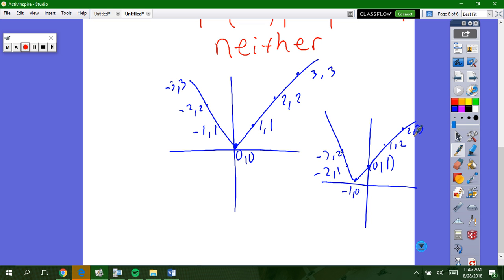Okay? Something that you guys want to know is, what kind of symmetry does this have? It is even symmetry, that's very true, but we don't call it even symmetry. We call it symmetric about the y-axis. If it is an even function, you will be symmetric about the y-axis.